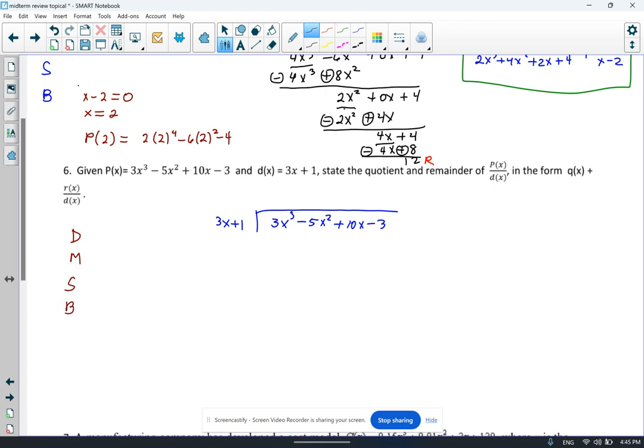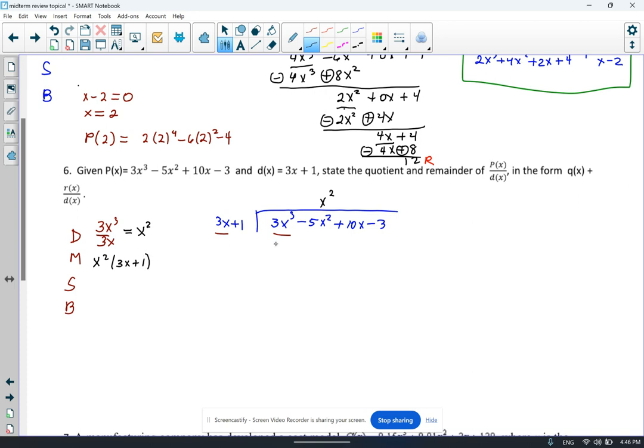This just helps keep me on track with the process. So I'm taking 3x cubed and dividing it by 3x, and when I do that, I get a value of x squared. And I line that up.